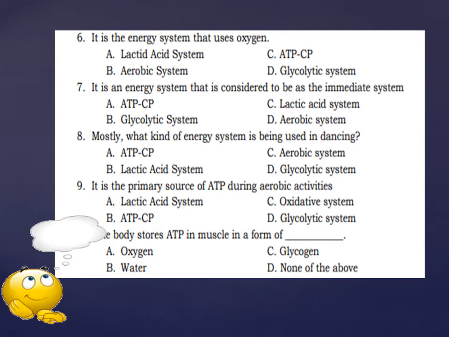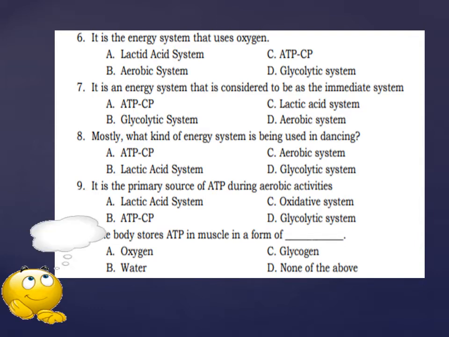7. It is an energy system that is considered to be as the immediate system. A. ATP-CP. B. Glycolytic system. C. Lactic acid system. Letter D. Aerobic system. 8. Mostly, what kind of energy system is being used in dancing? A. ATP-CP.